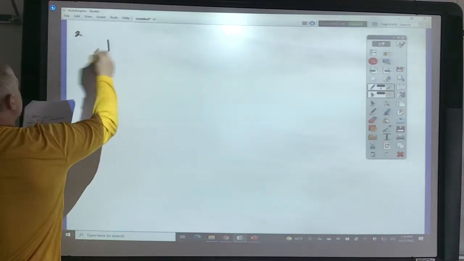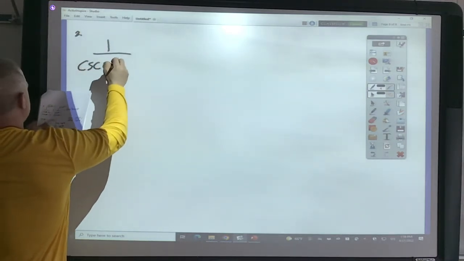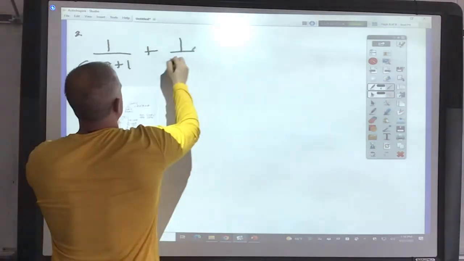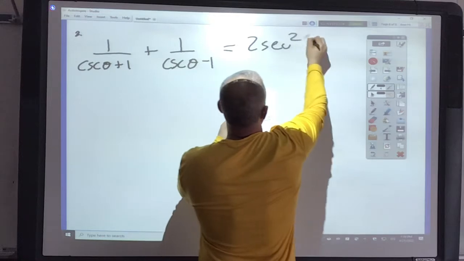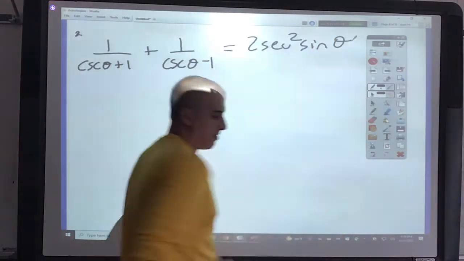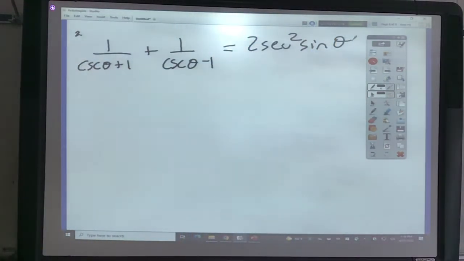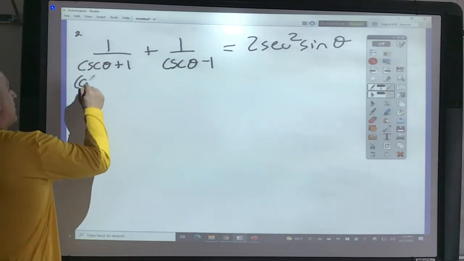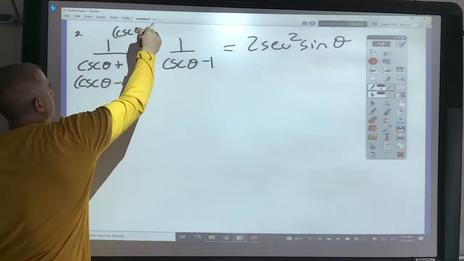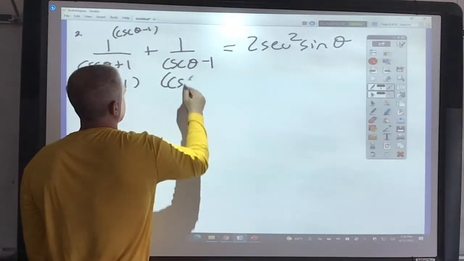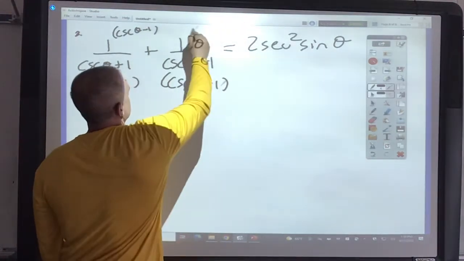I got 1 over cosecant theta plus 1 plus 1 over cosecant theta minus 1 equals 2 secant squared theta sine theta. Now, for this one, it's the same deal. I want to multiply by this, top and bottom. I want to multiply this here.